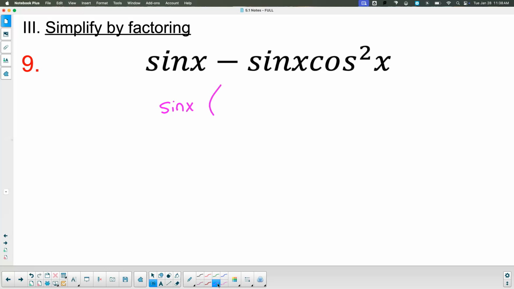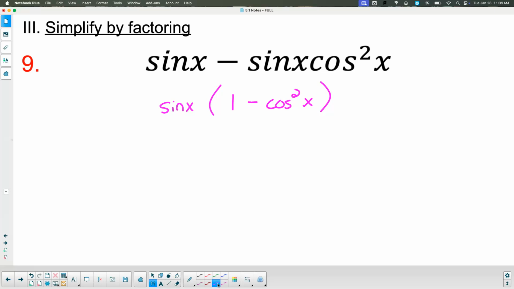What's left over? 1 minus cosine squared. Can I do anything with 1 minus cosine squared? It's sine squared?